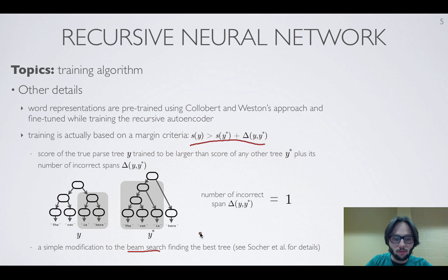I don't really want to give more details about that, but if you still have questions, I encourage you to look at the Socher et al. paper where more details are given. This training procedure essentially corresponds to trying to do approximate structured SVM kind of training of the score given by the recursive neural network. But again, to get more details about everything described in this video about the training procedure, I encourage you to look at this paper here.